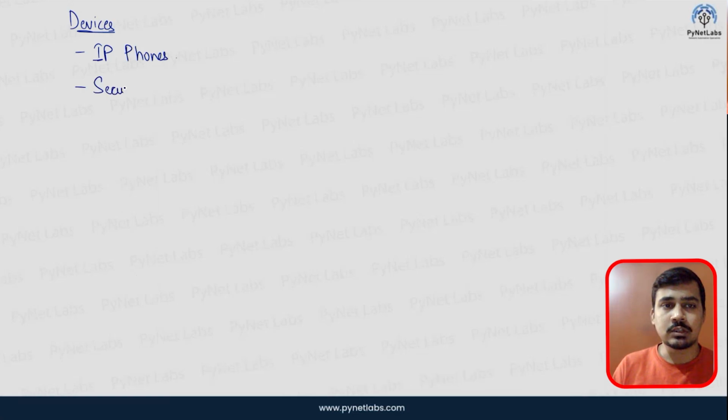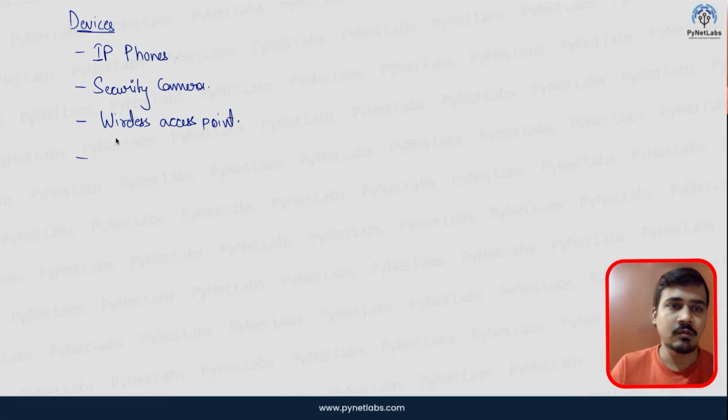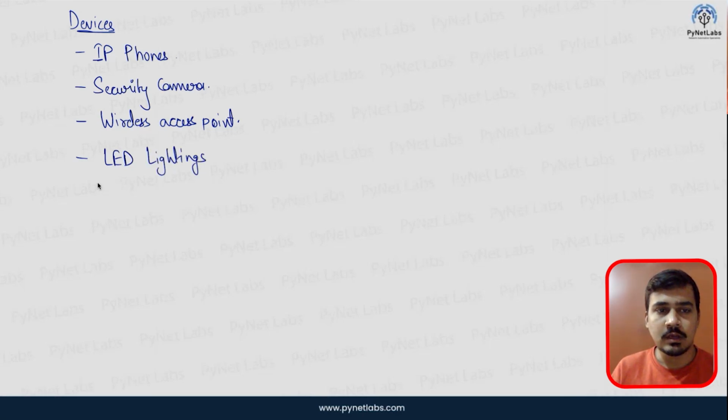Then you also know some of the security cameras, like the CCTV cameras, are also powered by PoE. Then there are some devices like wireless access points, some of the LED lightings, and some IoT devices, Internet of Things devices.